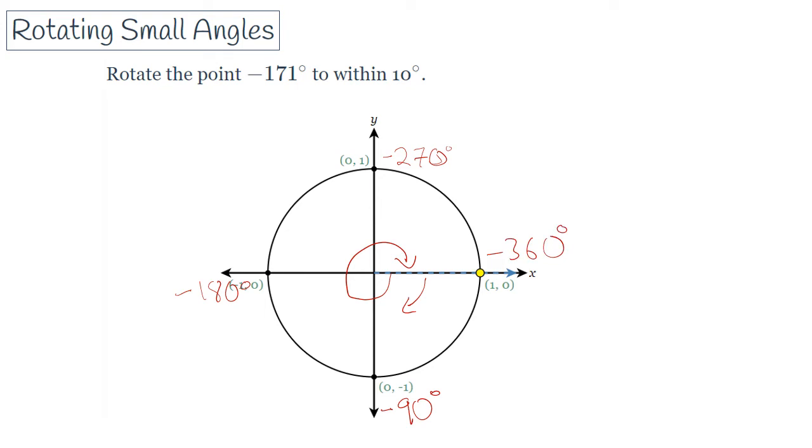Let me erase this. I need to get to negative 170. I know I'm going to be somewhere in quadrant 3 right here. This is quadrant 3, like quadrant 1, quadrant 2, quadrant 4.